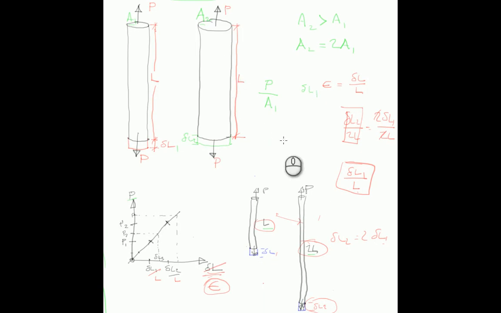If we now look at this situation and we have P divided by the new area A2, we now get a change in length delta L2.